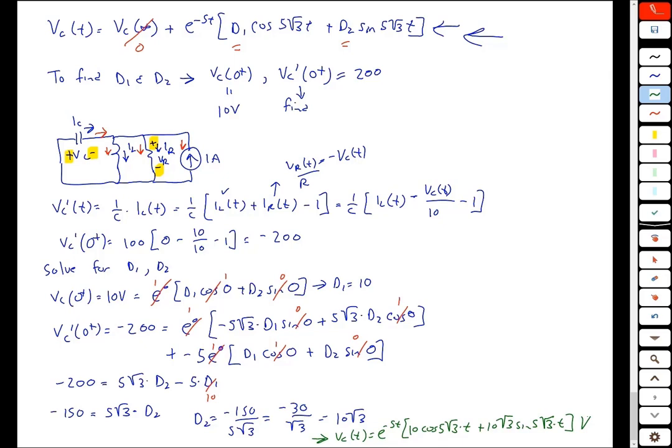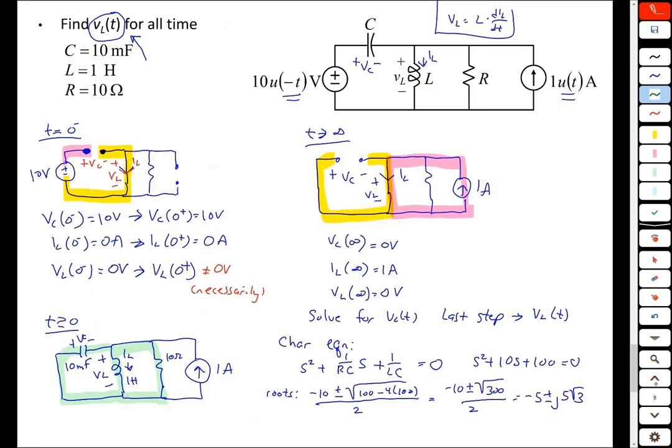But we are not done yet, because remember, we were not asked to find VC, we were not asked to find IL, we were asked to find VL. So the very last step is we want to find the relationship between VL and VC for t greater than or equal to 0. Fortunately, this is very simple.